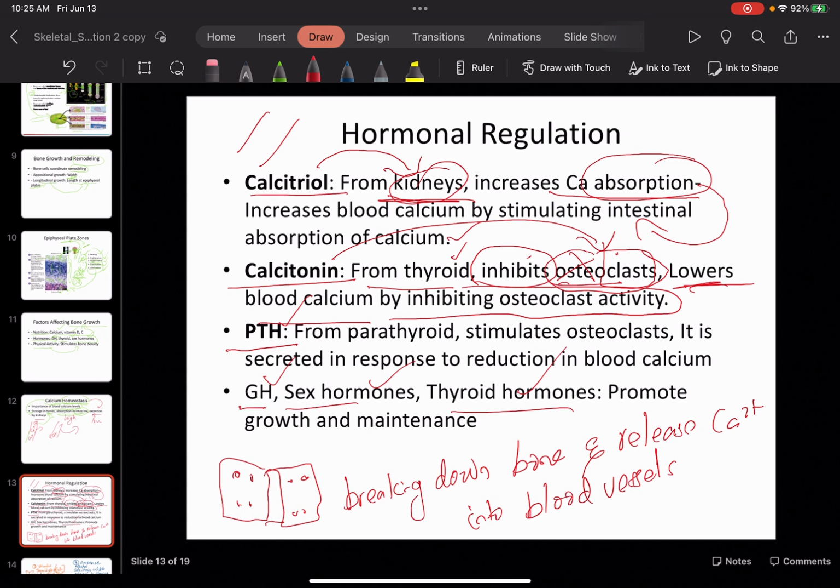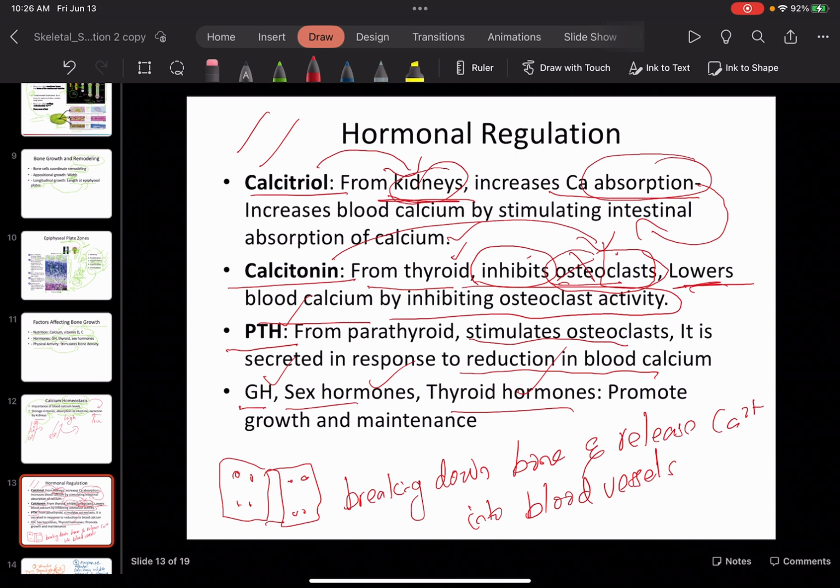They actually stimulate the osteoclasts. When somebody stimulates, what does it mean? They activate the osteoclasts. They go and break down the bones and release the calcium into the blood. That will happen when the blood calcium level is low.